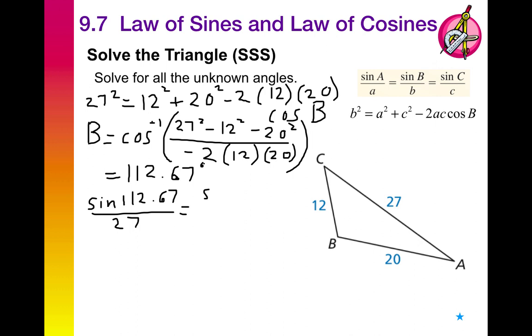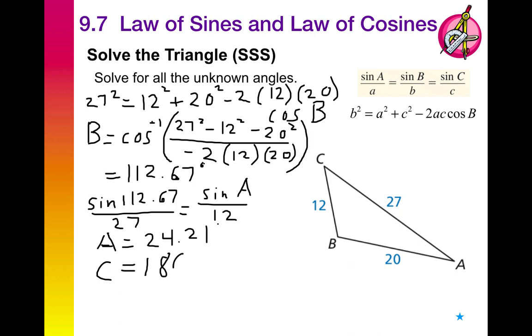I want to find angle A first, so I'm going to say the sine of A, divided by side A, which is 12. And when I work that out, I end up with A equal to 24.21 degrees.